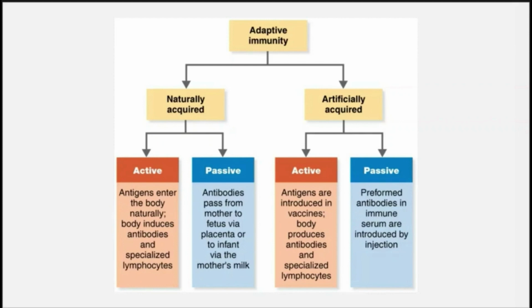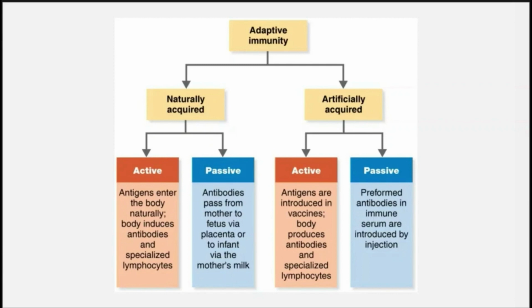And an artificially acquired adaptive immunity is one that you get from deliberate exposure to an antigen or antibodies through some sort of medical guidance. Let's look at naturally acquired first. So we can break it down into being active or passive. Active comes from direct exposure to an antigen. Remember that the antigen is hopefully a component of an invading pathogen.